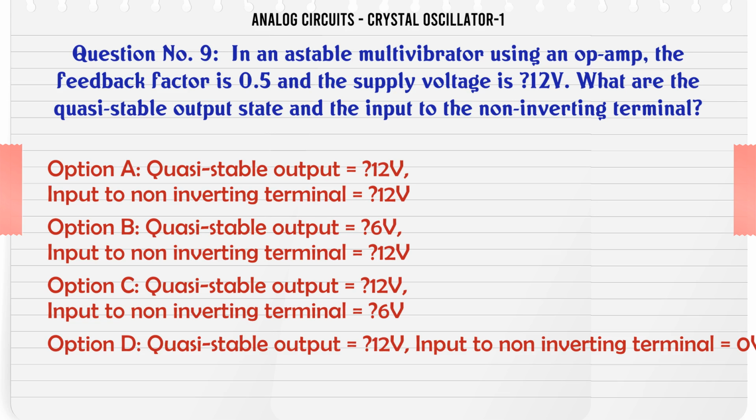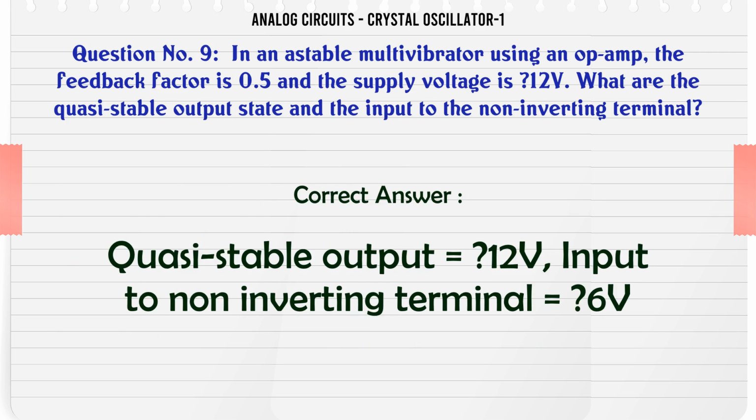A quasi-stable output 12 V, input to non-inverting terminal 12 V. B quasi-stable output 6 V, input to non-inverting terminal 12 V. C quasi-stable output 12 V, input to non-inverting terminal 6 V. D quasi-stable output 12 V, input to non-inverting terminal 0 V. The correct answer is quasi-stable output 12 V, input to non-inverting terminal 6 V.